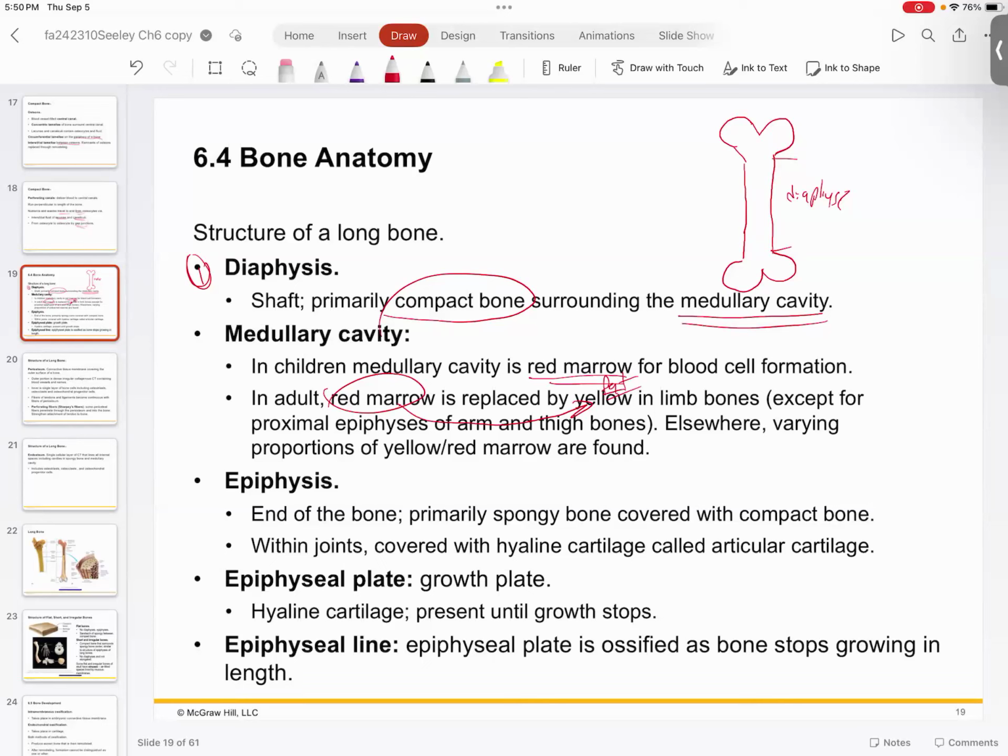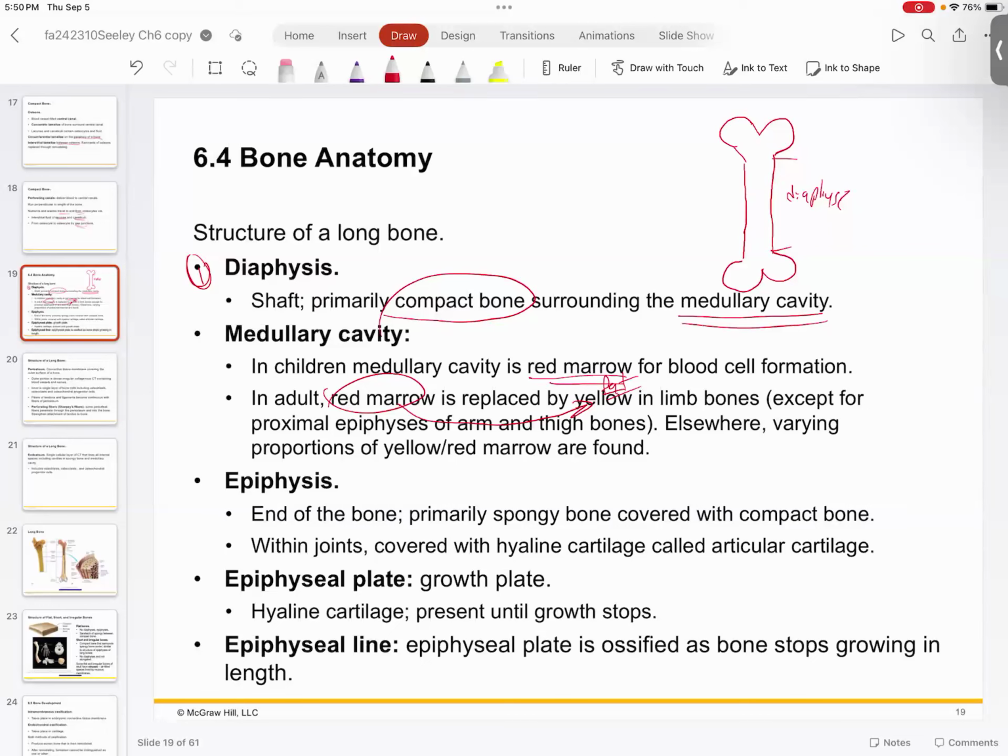And so that's in the thigh bones, like the femur and the humerus and things like that. And in other bones, which aren't as big as the humerus and the femur, usually when we say long bones, that's usually what we're talking about. Those are the first two that come to mind. It's kind of varying amounts of yellow and red depending on the bone and the region of the body.